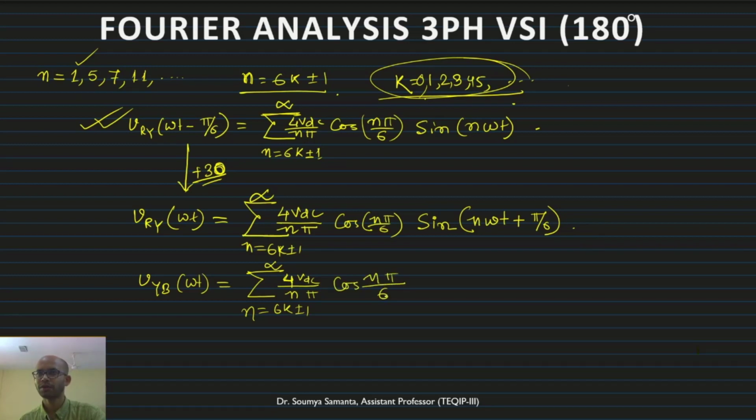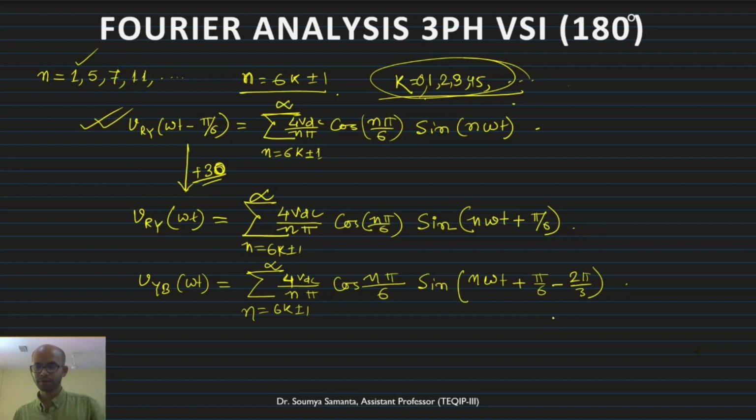Only thing is that this will be shifted, sine of n omega t. So this will be pi by 2 minus omega t, plus pi by 6 minus 2 pi by 3. So what will be this part?